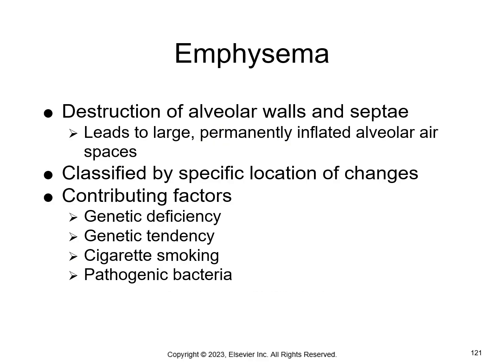So emphysema, this is where we have destruction of those alveolar walls and the septae. This causes large, permanently inflated alveolar air spaces. It's classified by specific location of changes, and contributing factors are genetic deficiencies, genetic tendencies, cigarette smoking, and pathogenic bacteria.